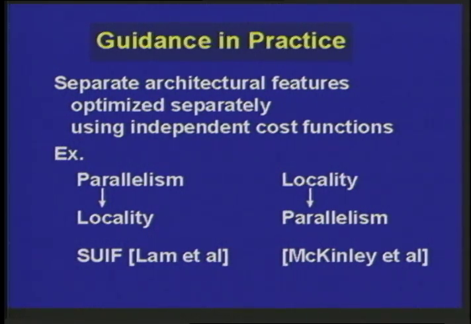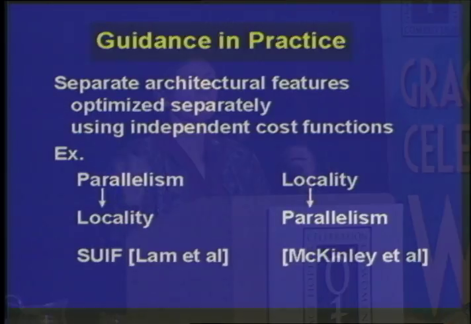Separate this complex problem into simpler, less complicated problems. And the way that that's done is by formulating an optimization problem which uses independent cost functions, where by independent here I mean just using the parameters of that architectural feature. So for instance, you might just use the parameters of cache to optimize for cache.